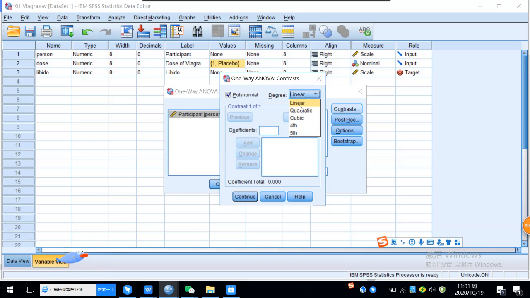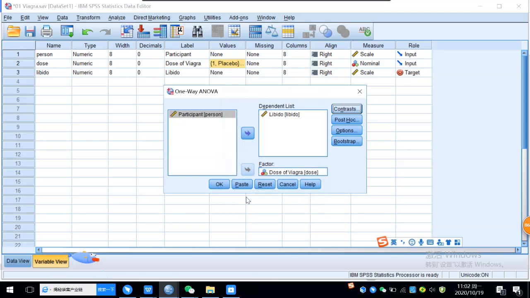If you select linear, then it just conducts the linear test. If you select quadratic, then the computer will output the quadratic test and the linear test. So we would like to select quadratic, because it will output both linear and quadratic. Then select Continue here.